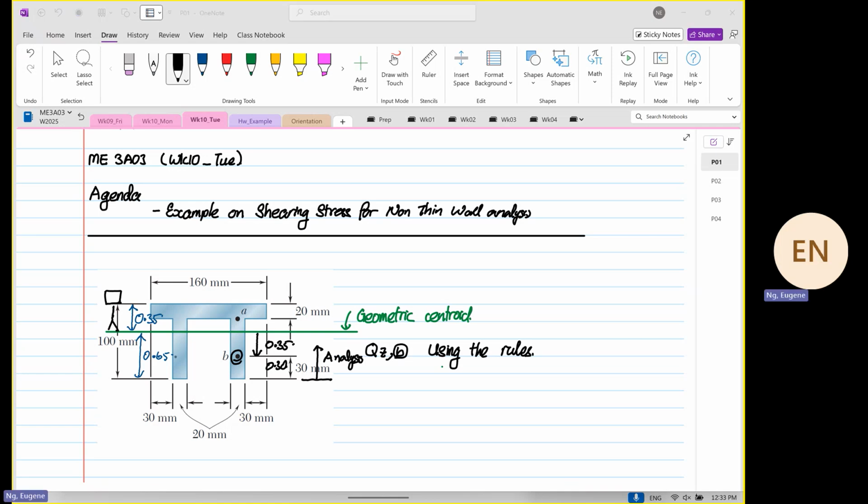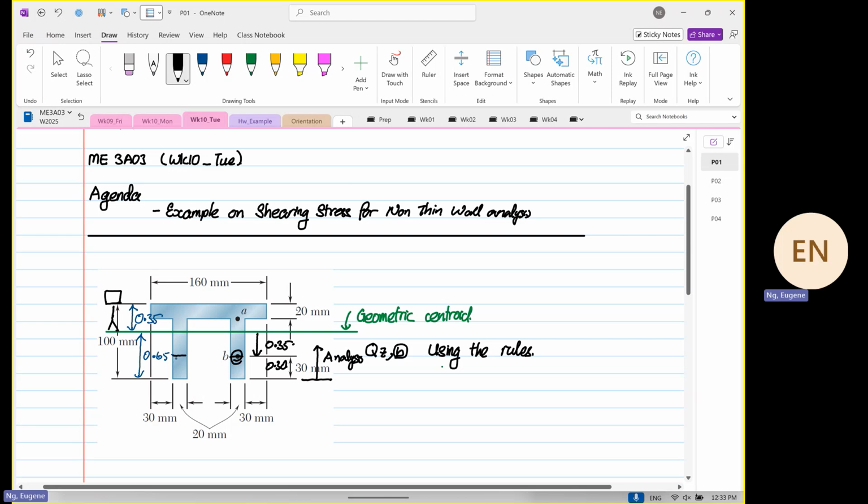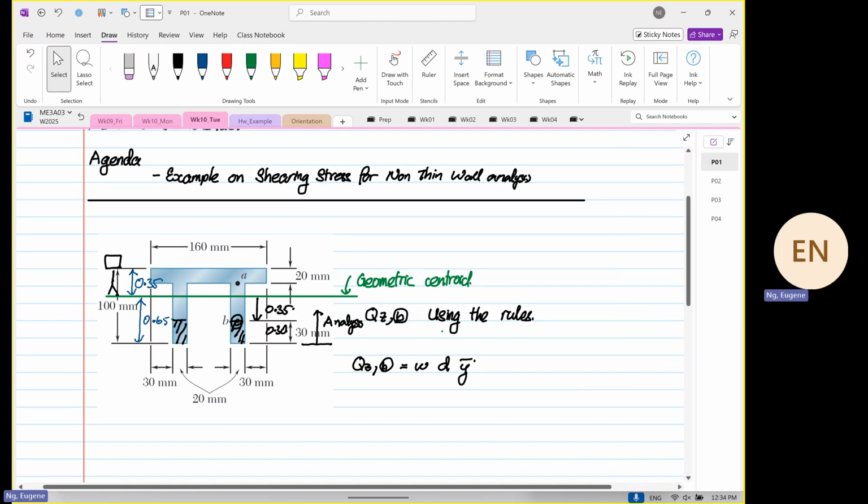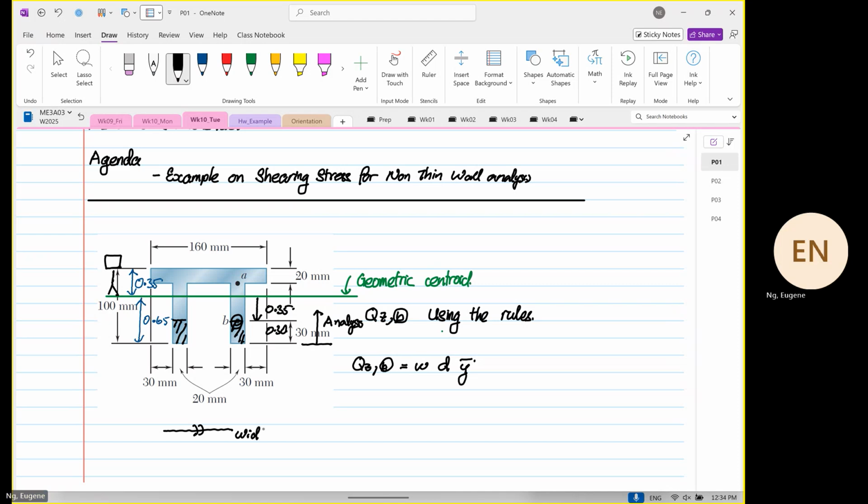So we are going to analyze based on the rules. This is the area that we are going to find the first moment of area, that is the area of consideration. So we are going to apply Qz at point B. So this will be equal to width, depth, y bar. Because the axis of interest is ZZ, this is our width, and this over here is our depth.